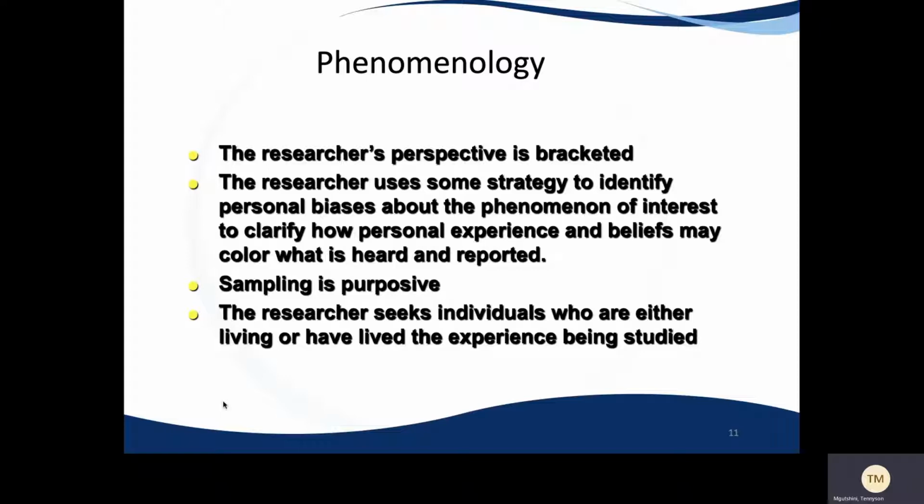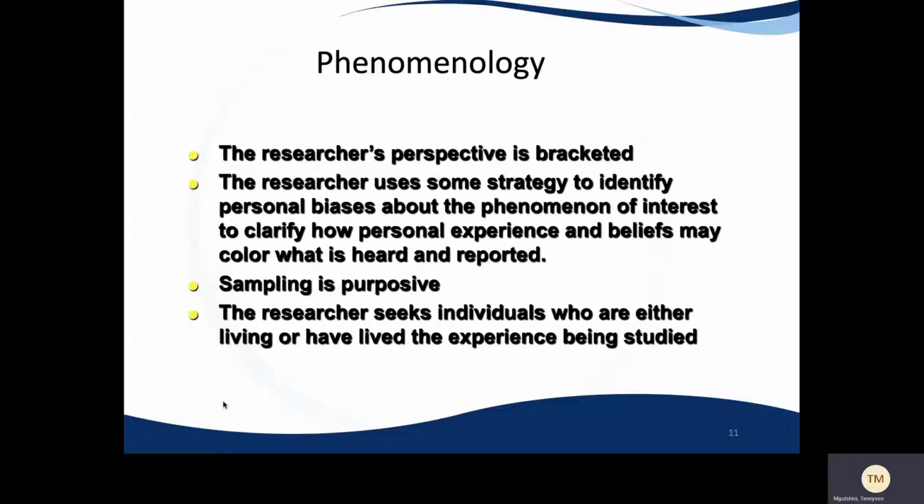The best way to explain this is if you think of, say, a person who's been a victim of some violent attack. If that same person were to do a study on violence, they might have pre-existing views about perpetrators, pre-existing views about victims, and so forth. And those views may affect how they hear what they hear.